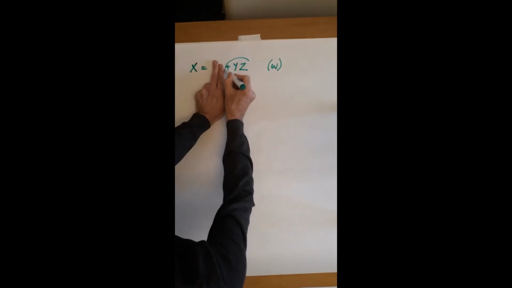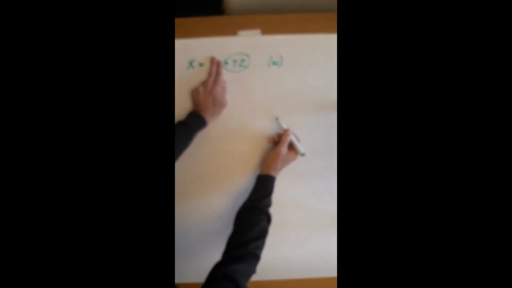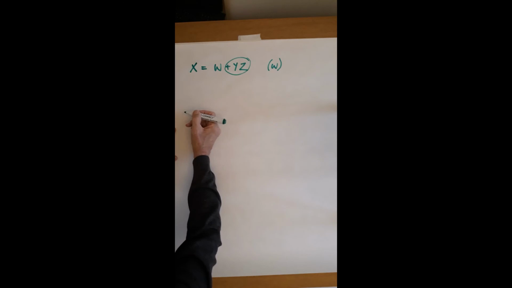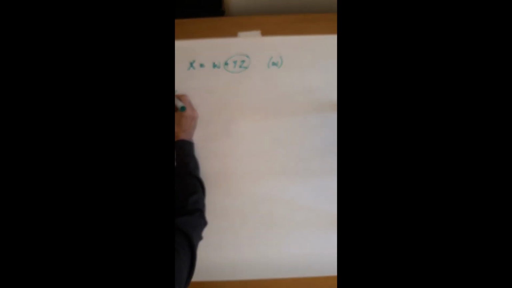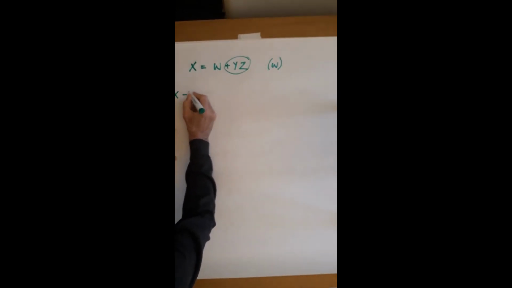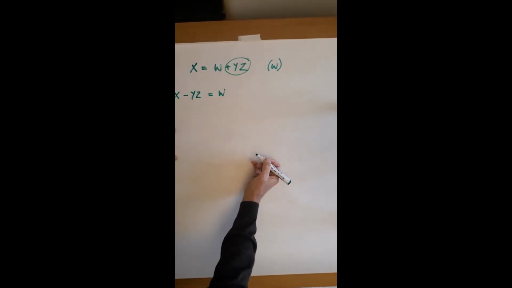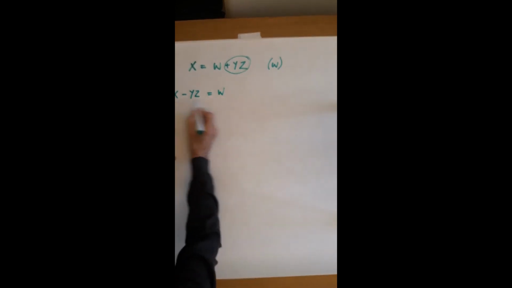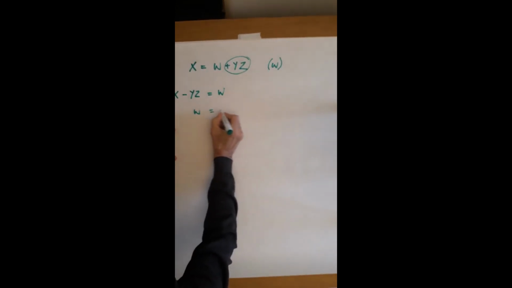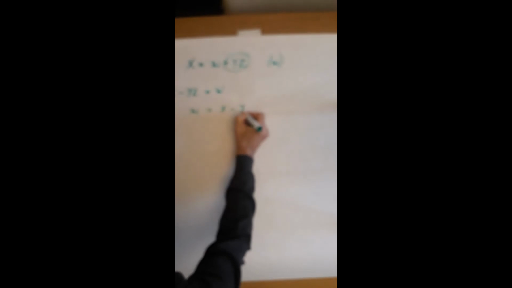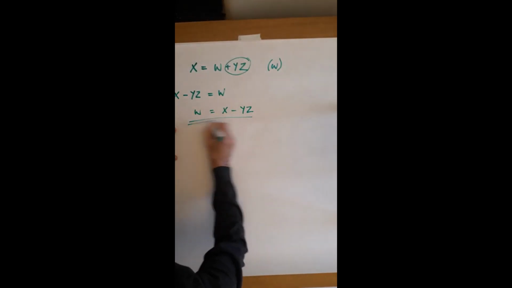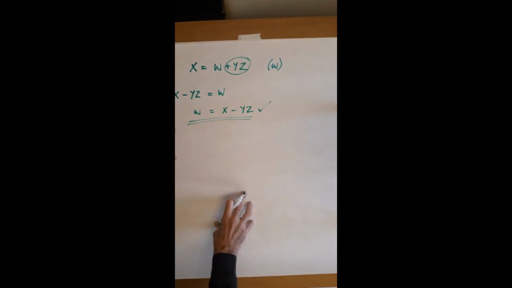So we've got plus yz, we're going to do minus yz on the other side. X minus yz equals w. And that's it. So w equals x minus yz, and there's the answer.